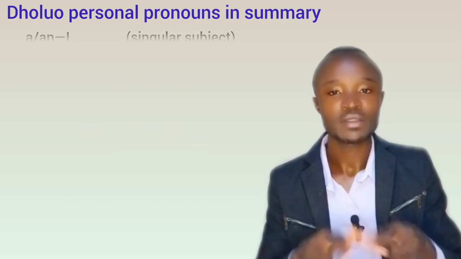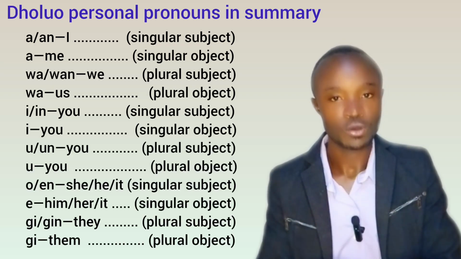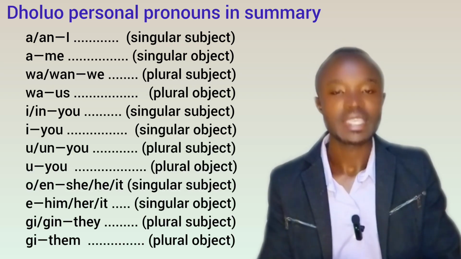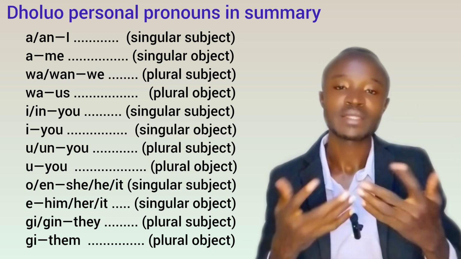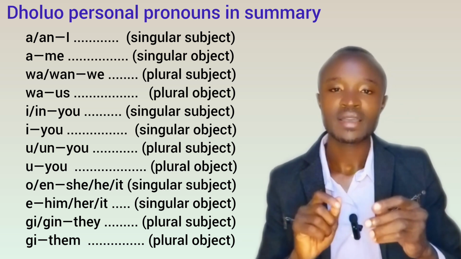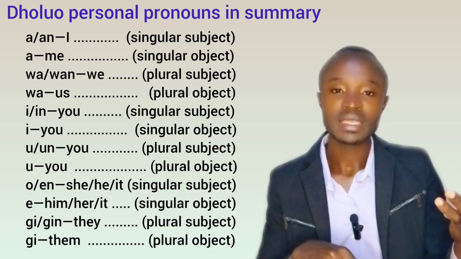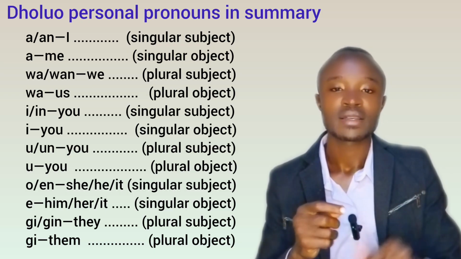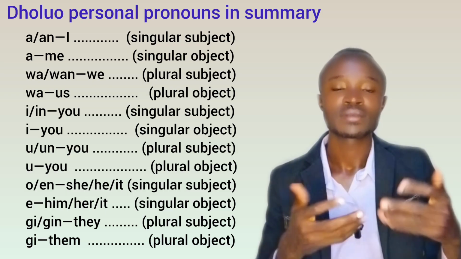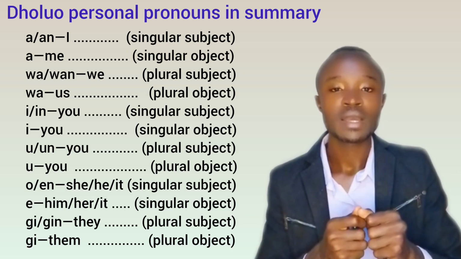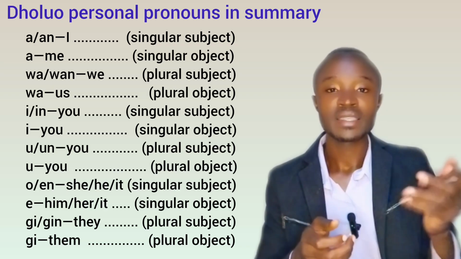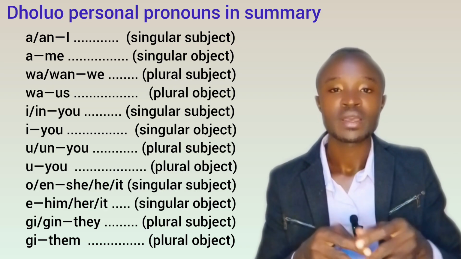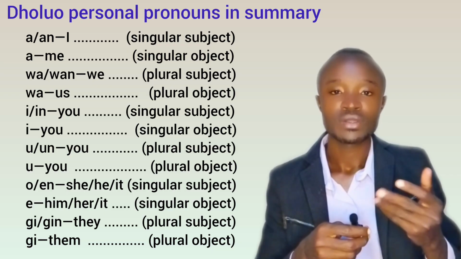So, in a nutshell, these are the personal pronouns that we have in Dholuo. And the first is a stroke an, which means I, a, me, wa, stroke one, we, wa, us. E, stroke in, you, e, you.